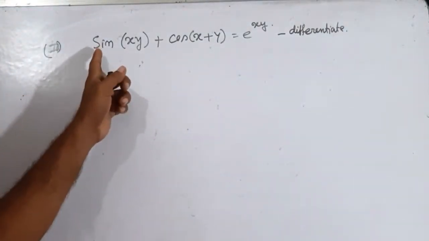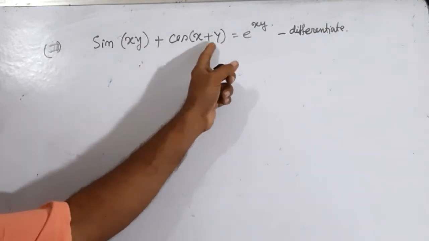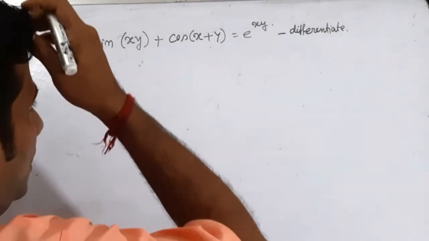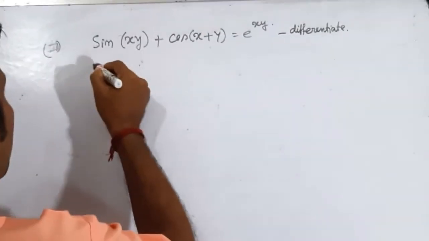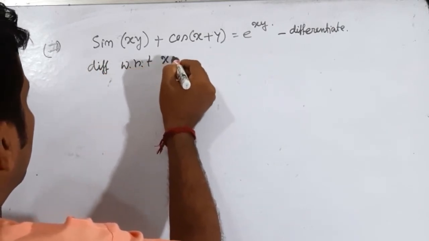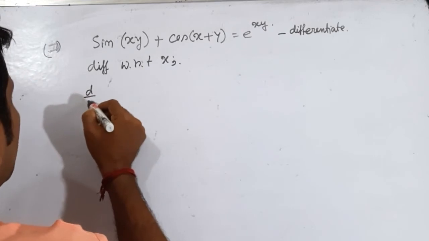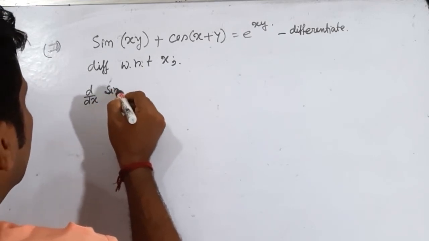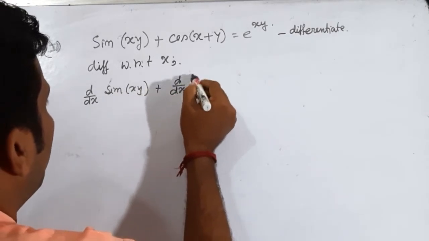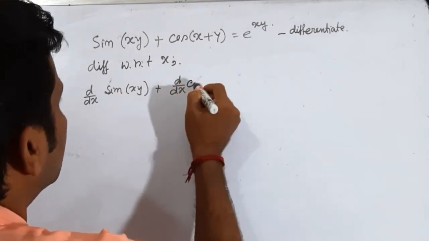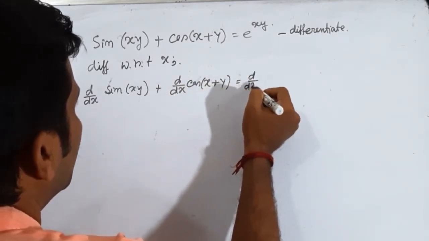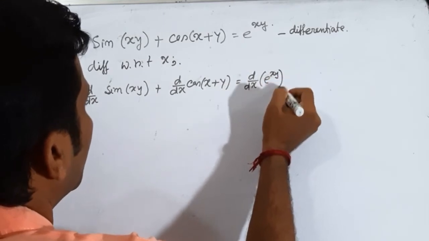You have to differentiate sin xy plus cos of x plus y is equal to e to the power xy. Now differentiating with respect to x, we get d/dx of sin xy plus d/dx of cos of x plus y, and this is equal to d/dx of e to the power xy.